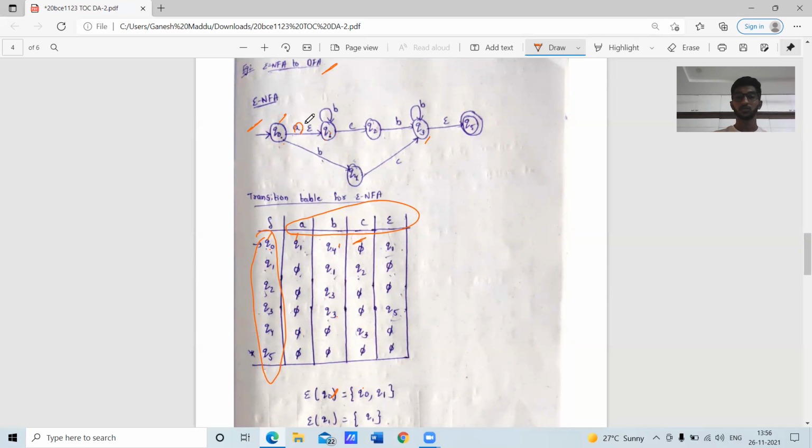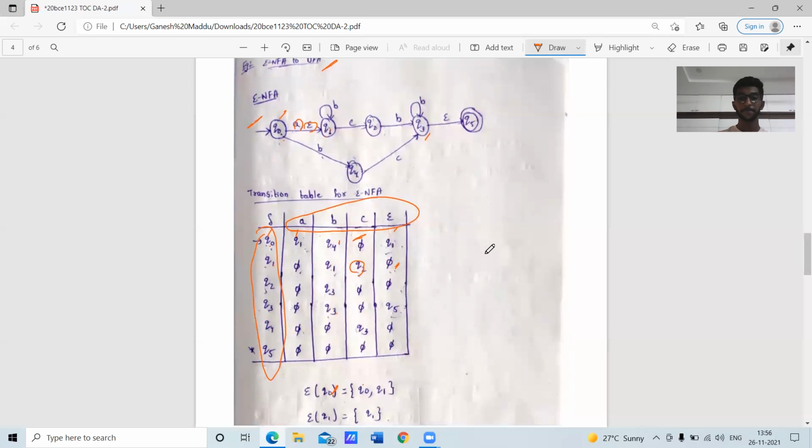From Q0 to Q1, we are moving by using epsilon, so write Q1. Next for Q1, by using A, there is no transition, so null. By using B, we are moving to Q1, so include Q1. From Q1 to Q2, we are moving by using C, so include Q2. By epsilon there is no transition, so null set.